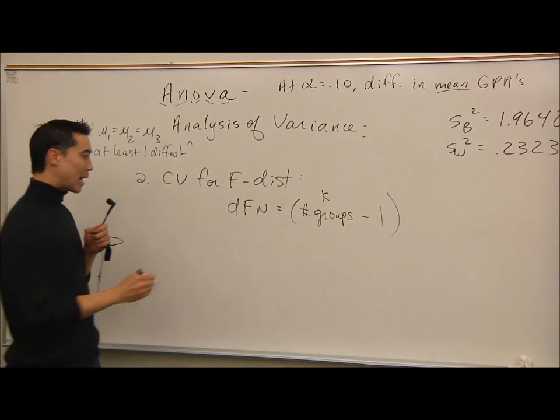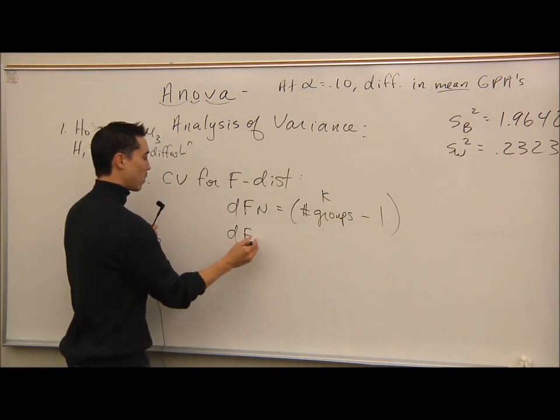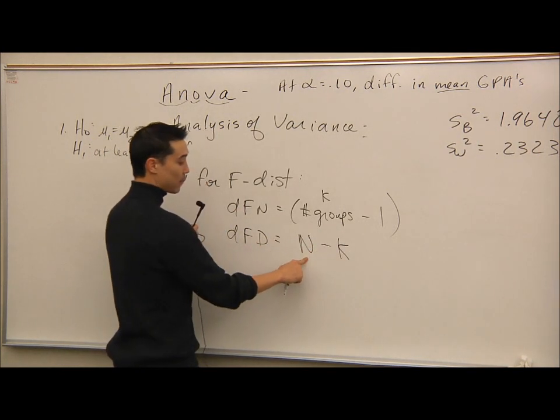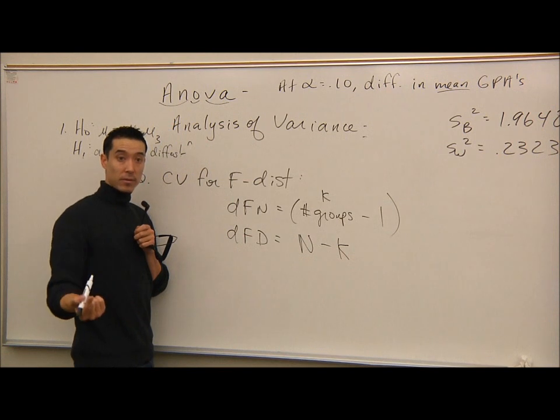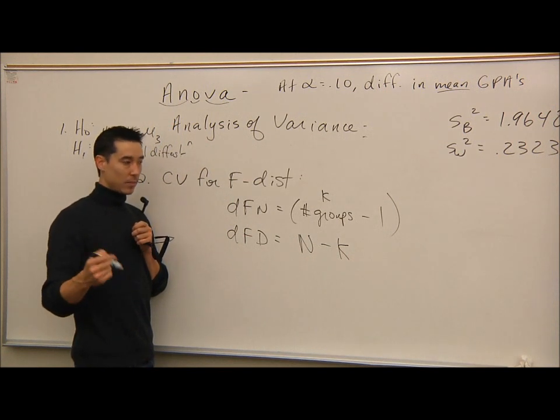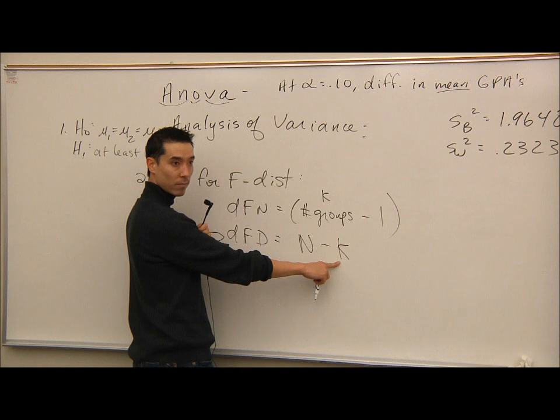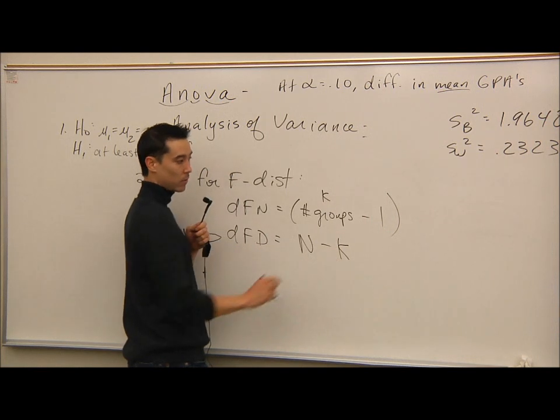And DFD is capital N minus K. Capital N is a sum of all the people, right? In this problem it's people, but it could be anything, but the sum of all the sample values, okay? So there were 5 in each sample, so that's going to be 15, and there were 3 groups, so 15 minus 3, which is 12, okay?